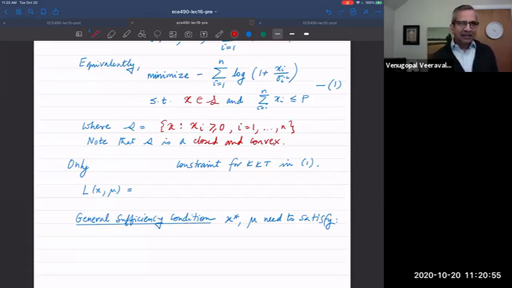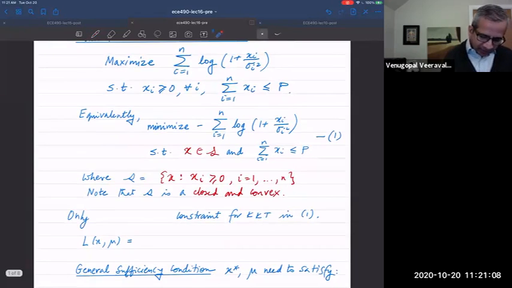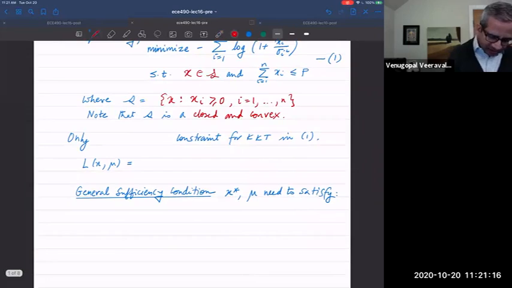You take the intersection of a bunch of convex sets, you get a convex set. So that's why this is both closed and convex. But then you're left with only one inequality. Just this guy. So for checking the KKT conditions, there's only one inequality constraint.